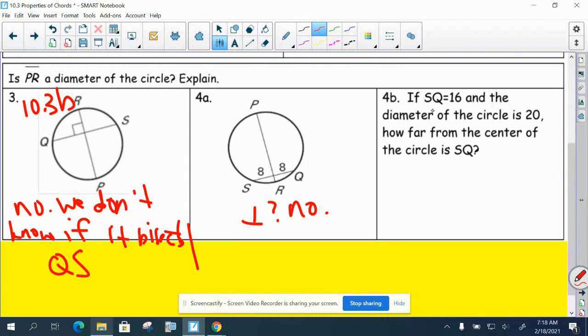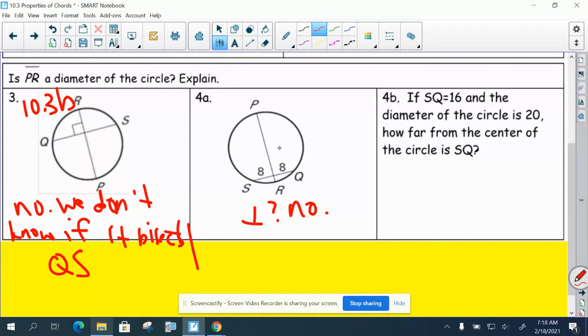And then thinking about the same setup here, if SQ, this chord, is 16, and the diameter of the circle is 20, how far from the center of the circle is SQ? Okay, so they're saying if this is 16 and the diameter is 20, how far from the center of the circle?